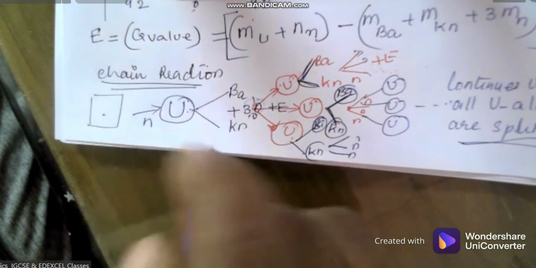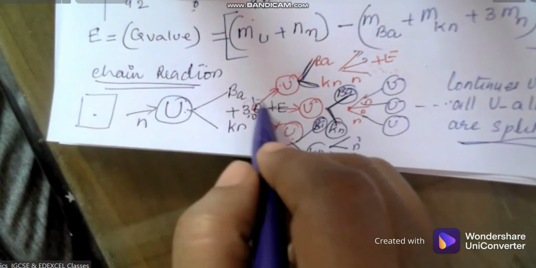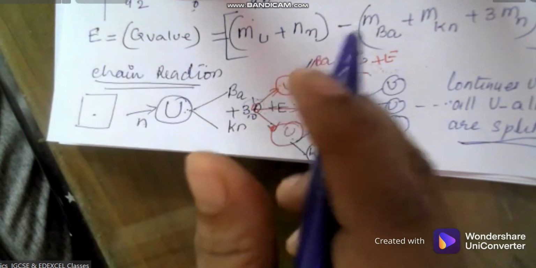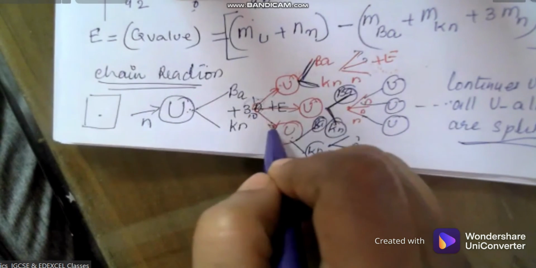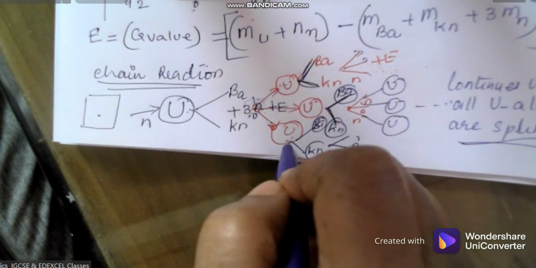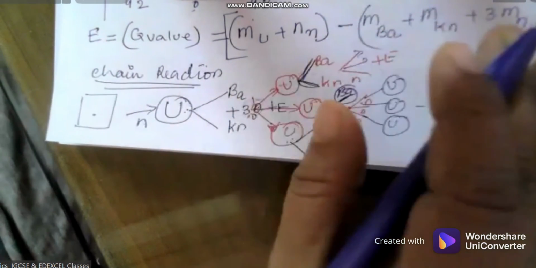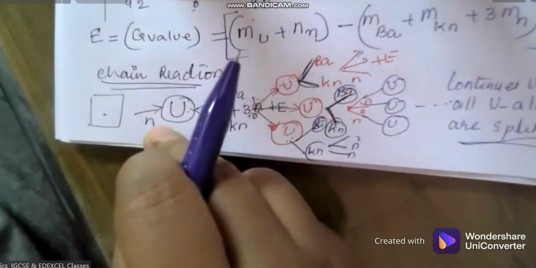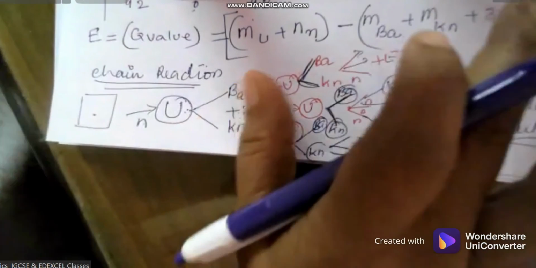Then that will produce 3 more similar neutrons. But there is a problem that we will learn when we learn about nuclear reactor. Those neutrons can go and hit other uranium atoms, which will again produce 2 or 3 more neutrons. That means once you start, it keeps on splitting the uranium atoms present in that sample.